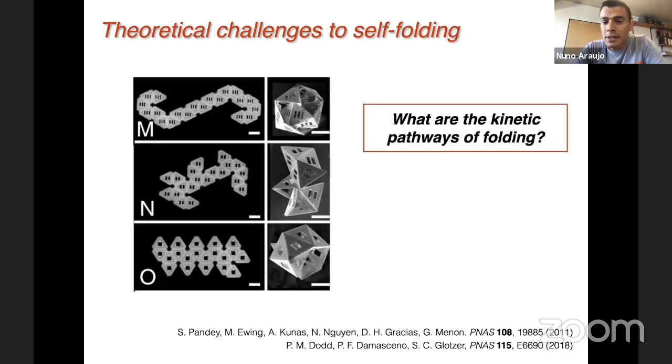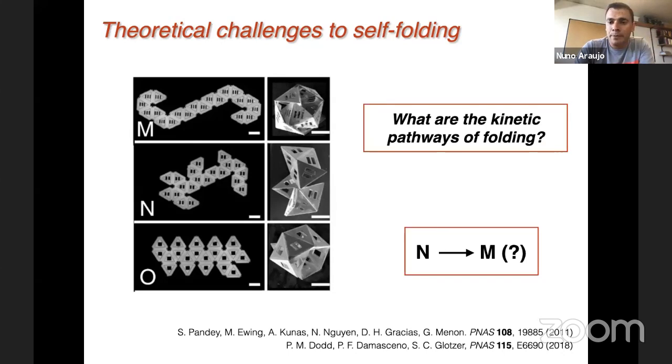So what we are really looking at is a problem of n to m, where n is the number of possible templates, the number of nets, and m is the number of possible folded configurations. The problem is that we have no clue what is the value of m. What are the possible structures that can be formed when we start with a given net? This is also an open question in the field.